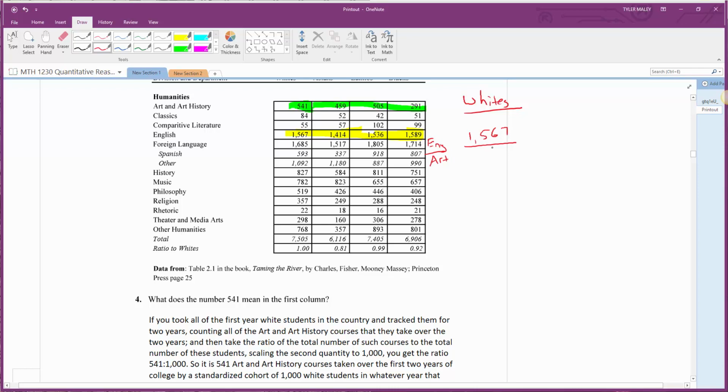So 1,567 to 541, and we were asked to scale the second quantity to 1, so we're just filling in a 1 here, right? So to get this, I would take 1,567 and divide by 541, to get this top value.